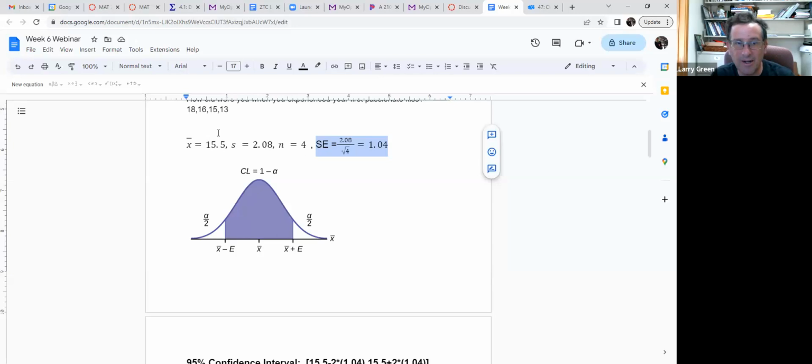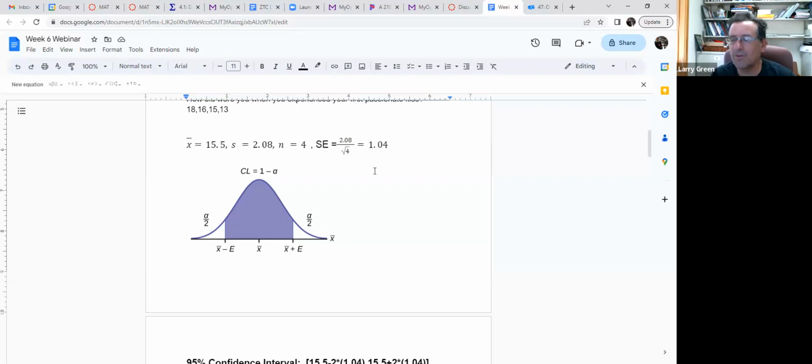But we don't have just a data value. We have X bar. So if you want to find out how likely it is that X bar will be far from the population mean, then the standard error is what you use. If you want to find out how likely it'll be that one particular person's age of first kiss will be far from the population mean, that would be the standard deviation. Does that make sense?